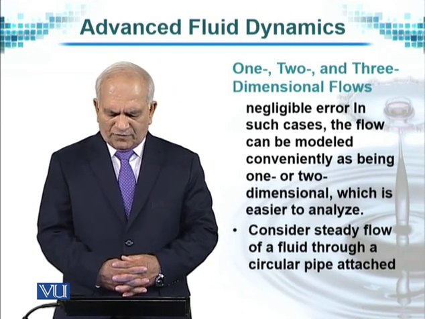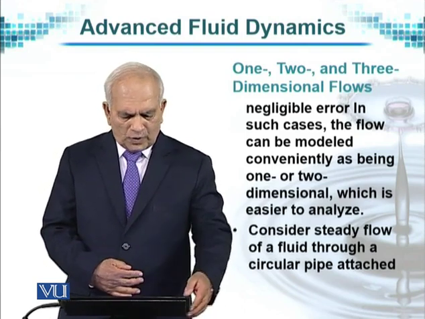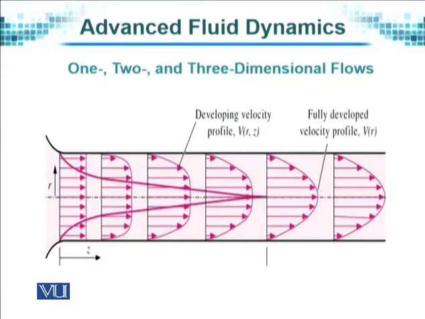We consider a steady flow of a fluid through a circular pipe attached to some tank, and the fluid flow that will take place is here that I had shown you earlier, and we were discussing its development along the line. And you can see that in the end, the velocity vector is only dependent on r. But if we have to apply the other parameter, pressure, then pressure will change with z.